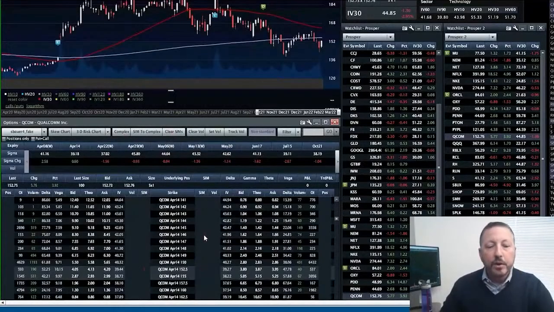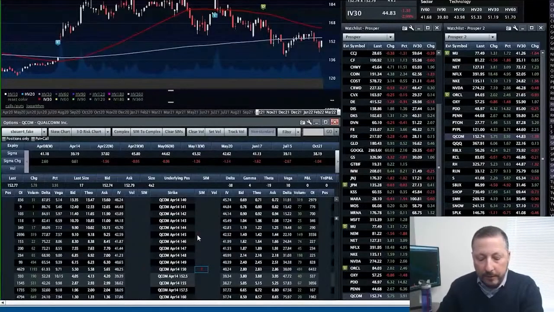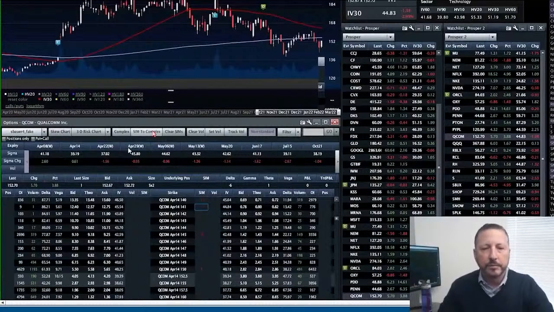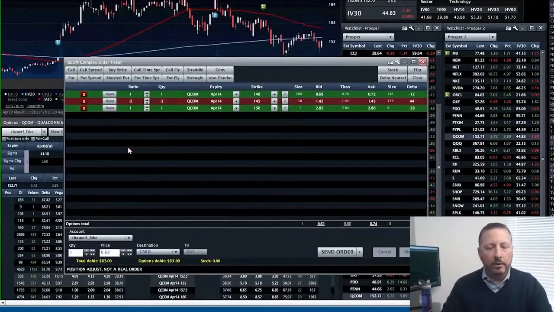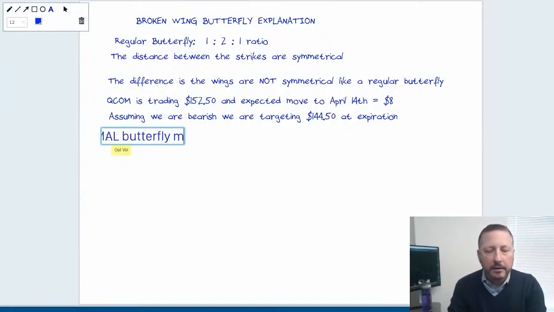If we were putting on a bearish butterfly, a regular put butterfly, we might put on the 150, 145, 140, where our long put spread is $5 wide and the short put spread is also $5 wide.